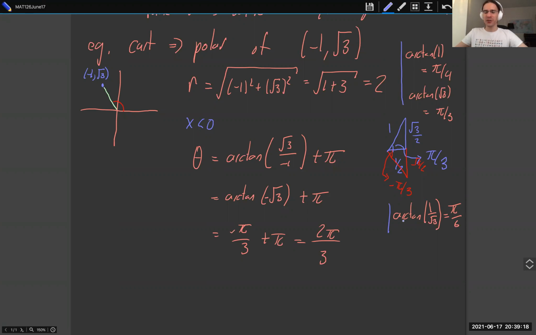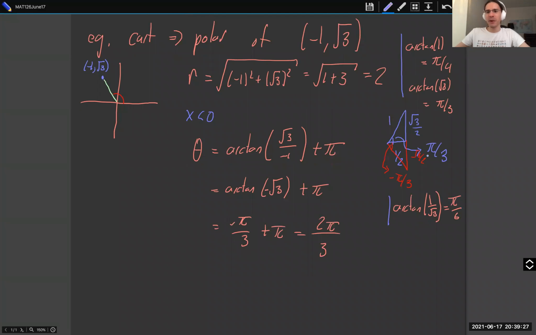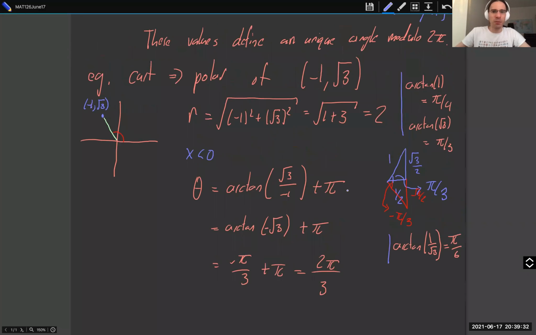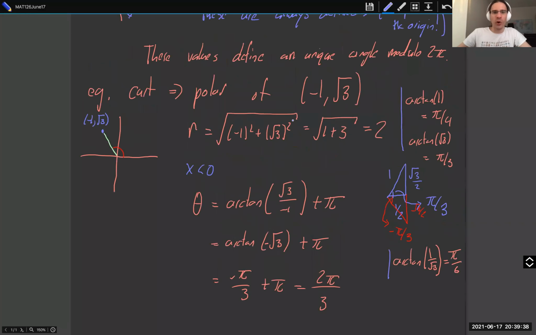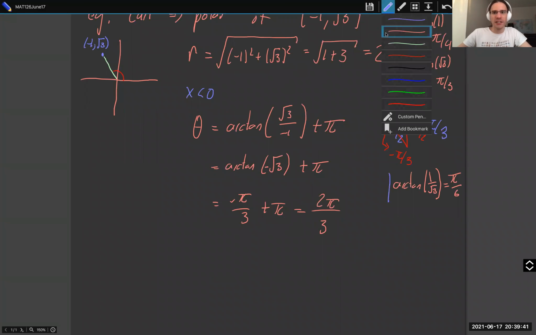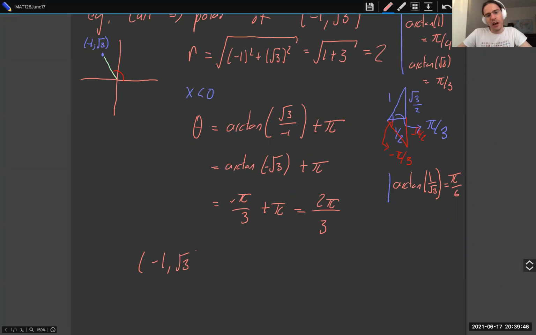On the homework, you'll, for example, need to know the value of arcsine of 1/2, and you can compute that using special triangles. But anyway, these are your special values of arctan. So again, this point was chosen so that it would work. You get polar coordinates: (1, root 3) in Cartesian becomes, in polar, and once again the representation isn't unique, the radius is 2 and the angle is 2 pi over 3.